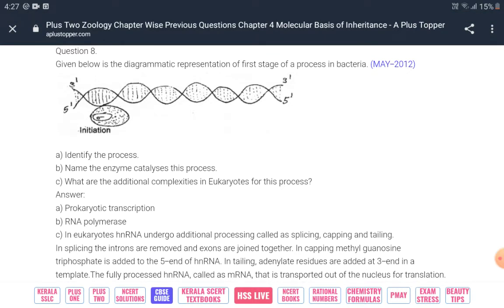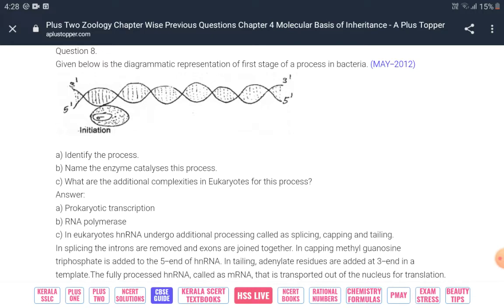So this step is called transcription, and the question is, what is that additional thing done in eukaryotic transcription? First step is splicing, second is capping, and third one is tailing. In splicing, the introns are removed and the exons are joined together.